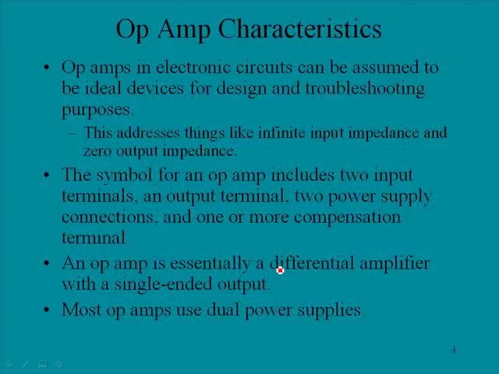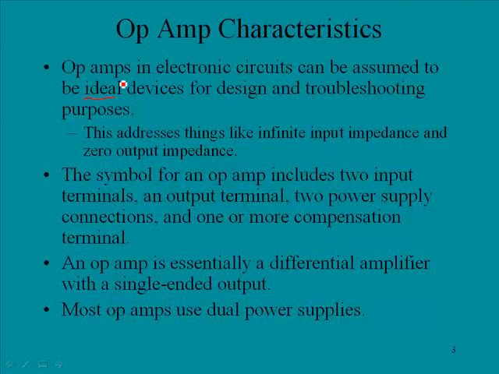Op-amps in electronic circuits may be assumed to be ideal for design and troubleshooting purposes, and this term, ideal, we'll be looking at more throughout this section. This addresses things like infinite input impedance and zero output impedance. As we go along in this chapter, we'll find that for purposes of design and troubleshooting, the input impedance can be considered to be infinite.